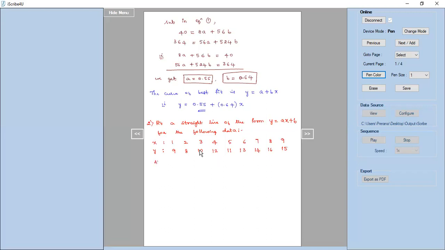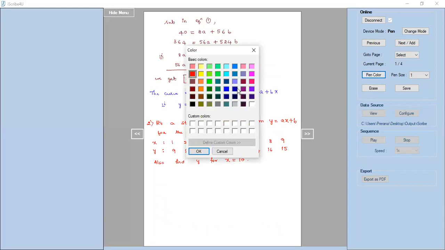Now the question continues: also find y for x is equal to 10. For the next value of x, we are asked to find the value of y from the best fitting equation, that is, the straight line.